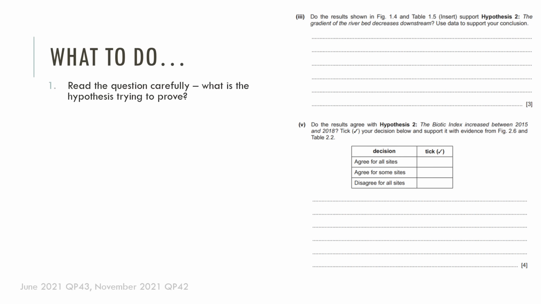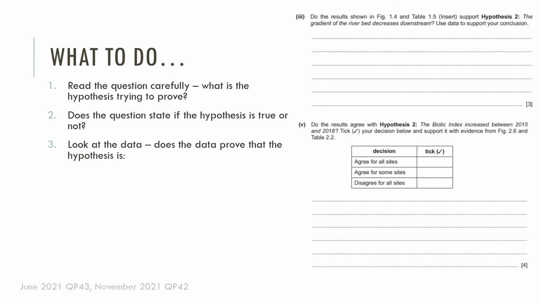You must, first of all, read the question carefully and clearly have in your head what the hypothesis is trying to prove. Does the question actually state for you if it's true or false? If it doesn't, look at the data. Does the data prove that the hypothesis is true, partially true, or false? And if it does, that's the first thing you write on any question, unless it's been stated for you that hypothesis 1 is true, hypothesis 2 is partially true.